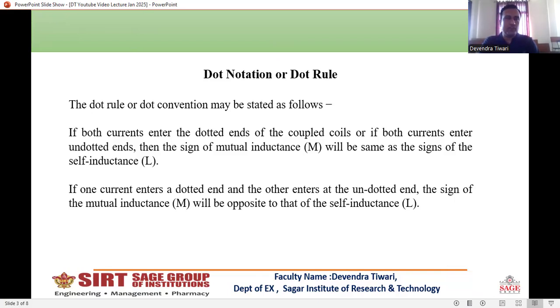It means if the currents enter from the same direction in the coils, it will be positive, and if the current enters from one section and leaves from the other section, then it will be treated as negative.